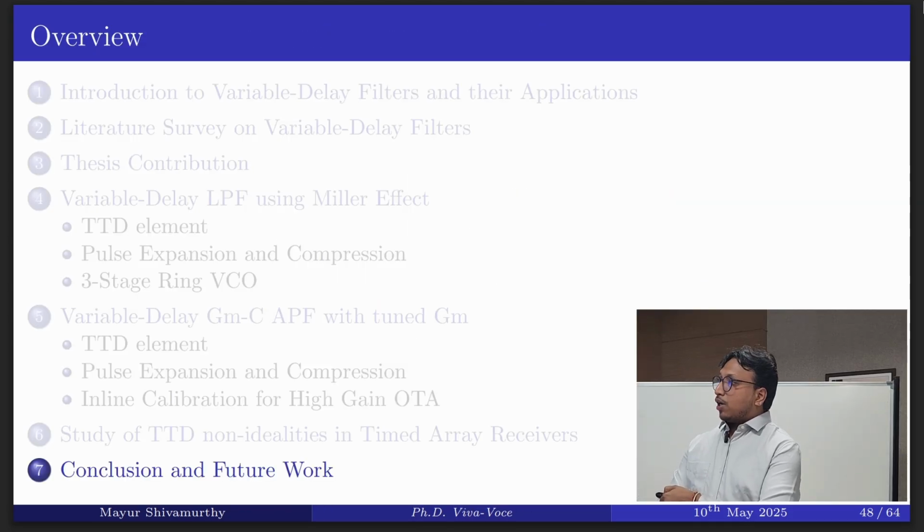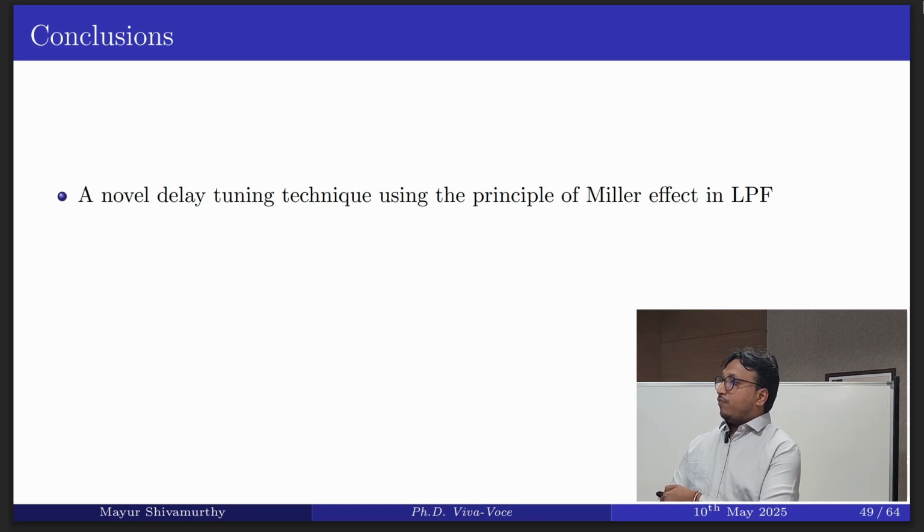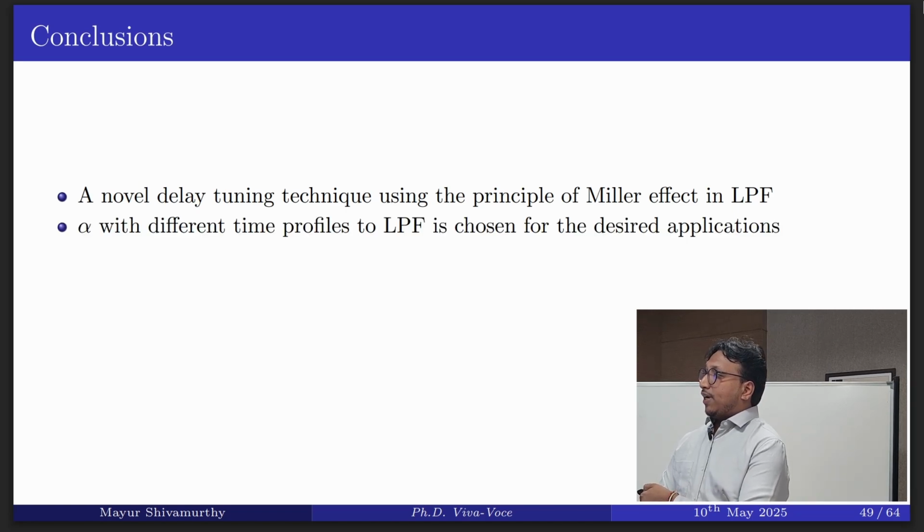So coming to the conclusion, we have come up with a novel delay tuning architecture where the impedance of the circuit is varied, first of a low pass filter, using a Miller effect, and this delay tuning technique was used in the realization of a TTD circuit.